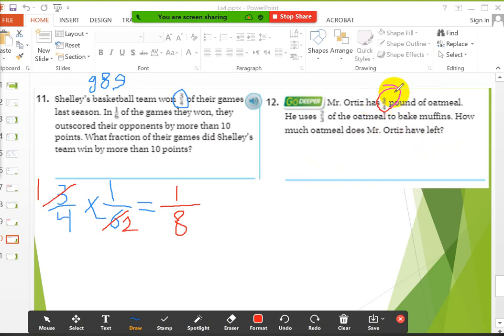First thing I will find from this problem: how much oatmeal does Mr. Ortiz use? Okay, so what do I have to do here? I have to multiply 3/4 with 2/3, right?